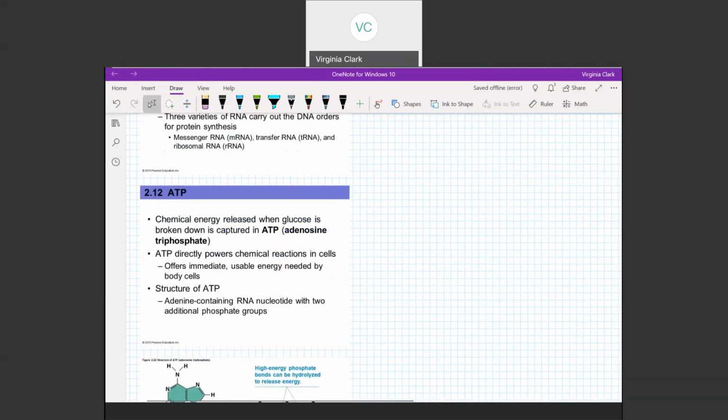Okay, the last section of this is going to be ATP. The reason we need ATP is because right now we're going to flash back to the very first thing in the chapter, and we're going to talk about energy. So glucose, which we talk a lot about in the world of human physiology, is the most important cellular fuel.